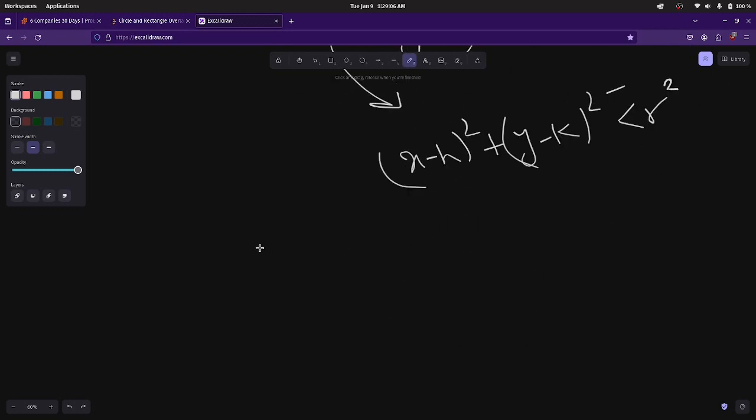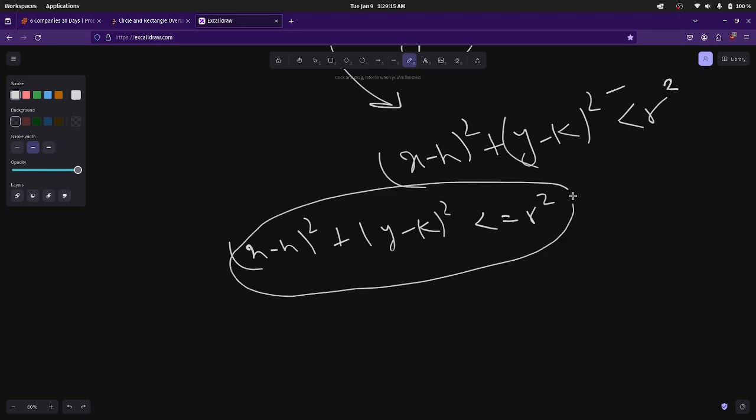So this formula, x minus h whole square plus y minus k whole square less than or equal to r square, makes it quite easy for us to deduce whether a point is lying inside the circle or outside of it.